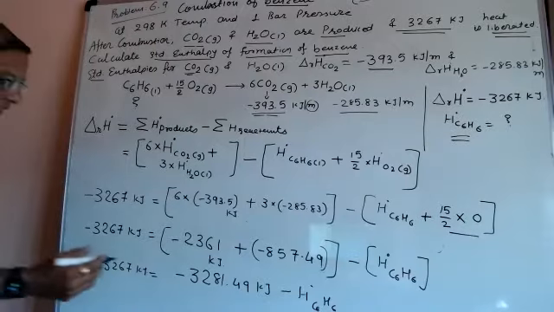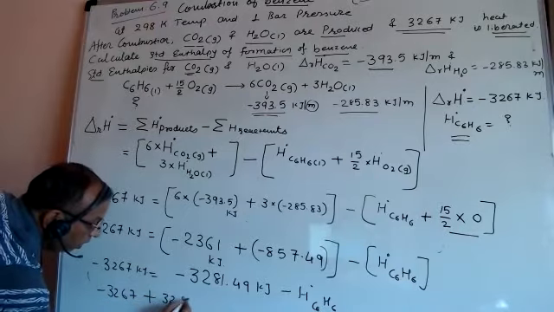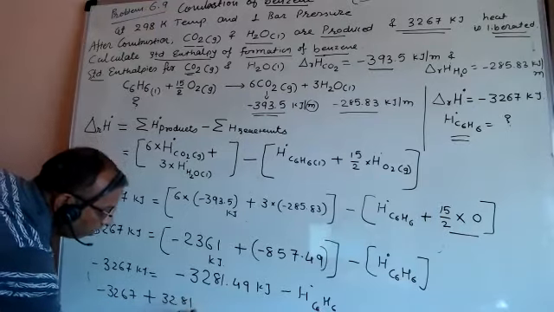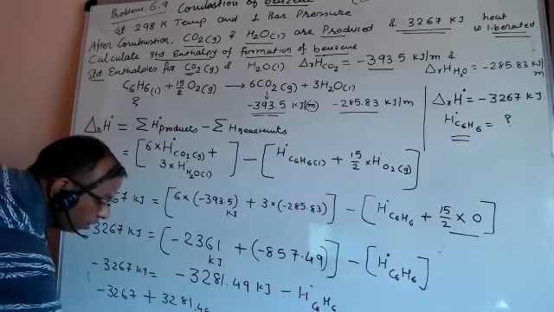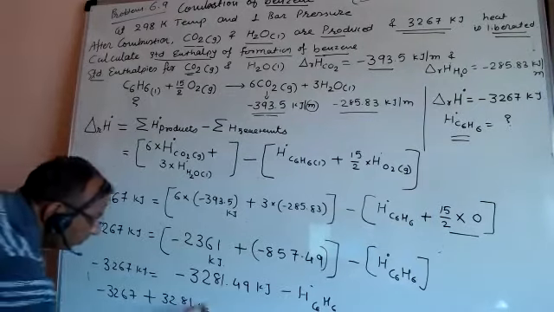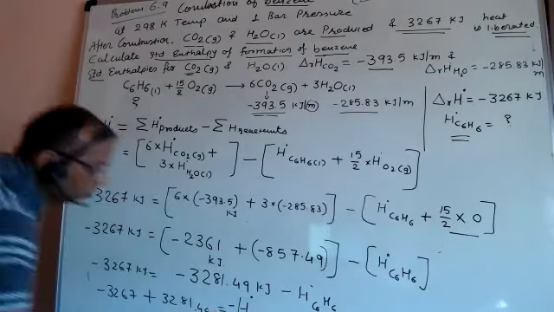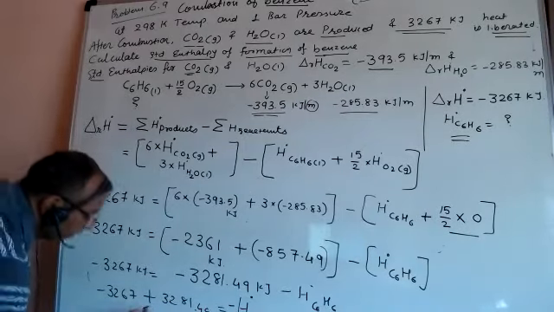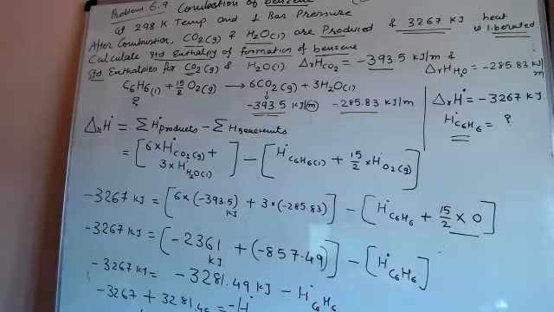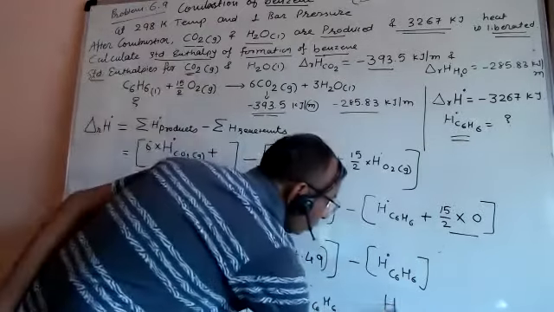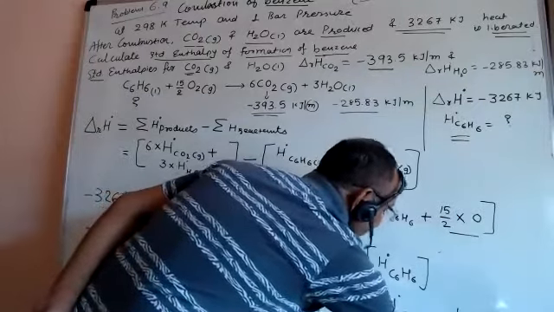By simplifying, very easy, it is 3267 plus 3218.49, and friends, we will get the answer of enthalpy change of C6H6. This is minus. Here we will get the answer 48.51. This is H° of C6H6. We will obtain 48.51.